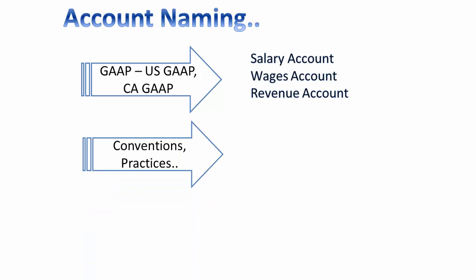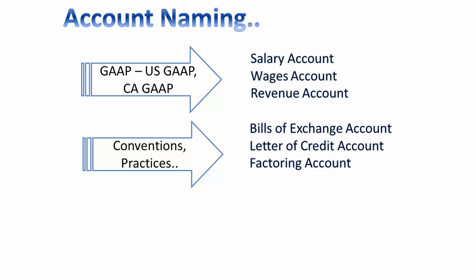There may be some account or record names which evolve based on the conventions and practices of a particular industry or the nature of the transaction. For example, bills of exchange, letter of credit, and factoring are different types of accounts depending upon the conventions and practices followed.